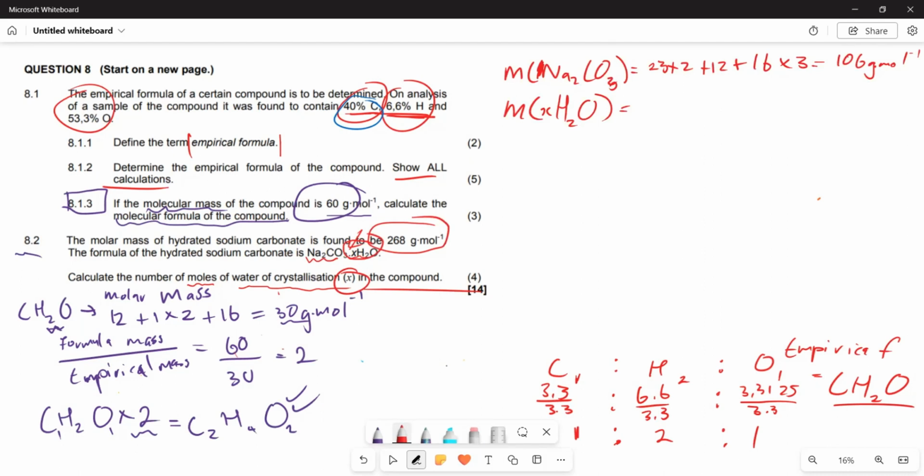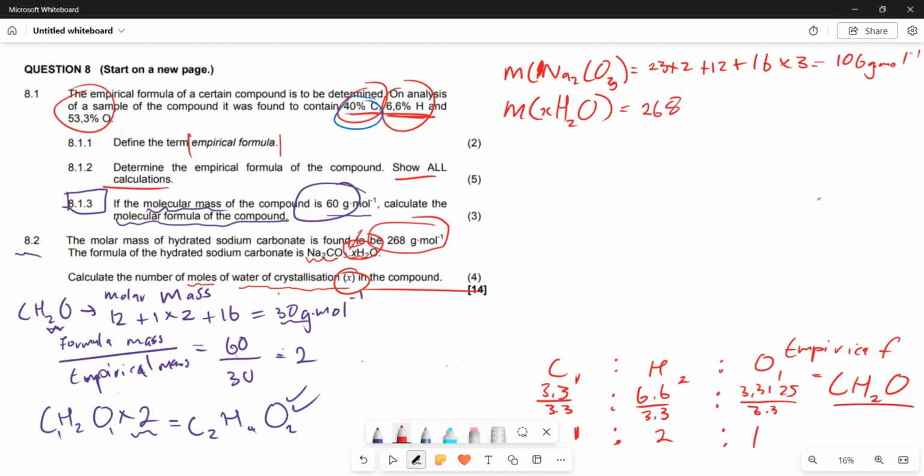But what you are definitely sure about is that the formula, or the entire reaction, is given by 268 grams per mole.